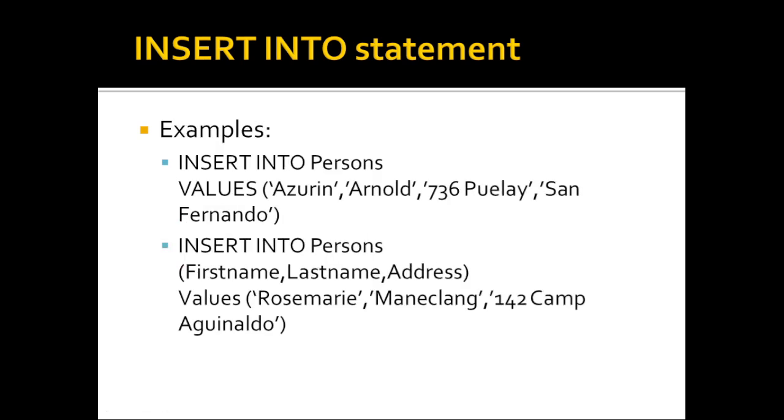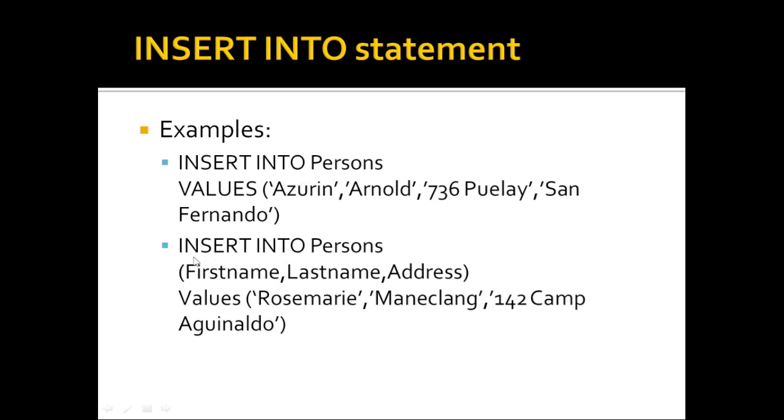So here are examples. We have insert into persons, values: Azurin, Arnold, 736 Pulay, San Fernando. Here we did not specify the columns, so that means that these are the columns of the table person.